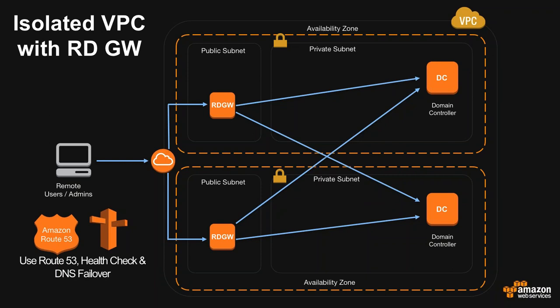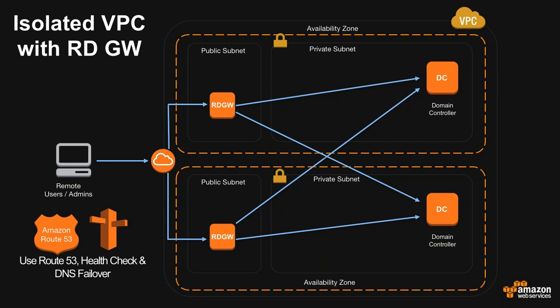Indeed, we could even load balance using DNS load balancing across both remote desktop gateways. So you can see here, without dramatically changing your architecture, you can introduce a highly available solution very, very easily.